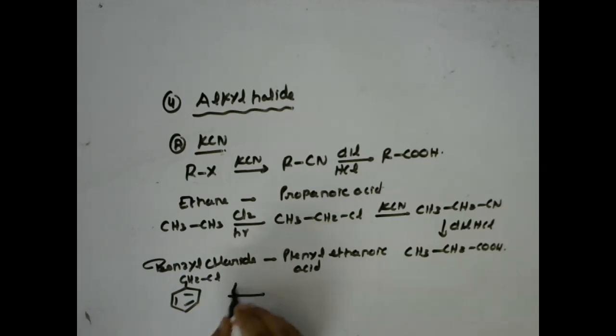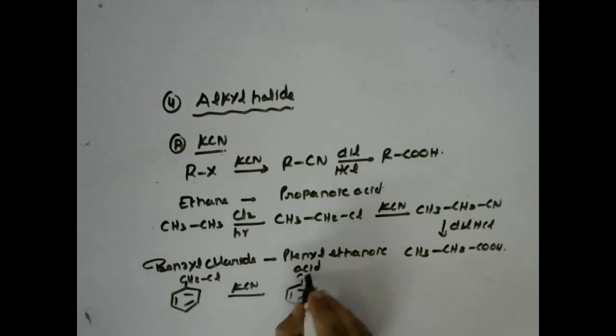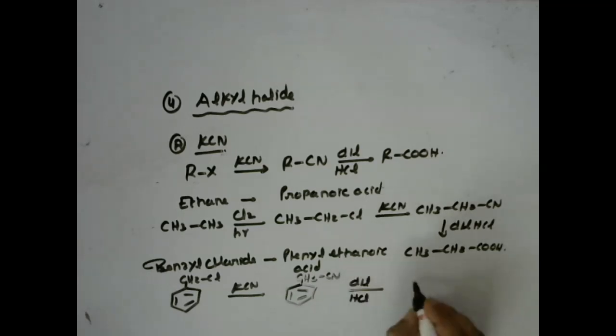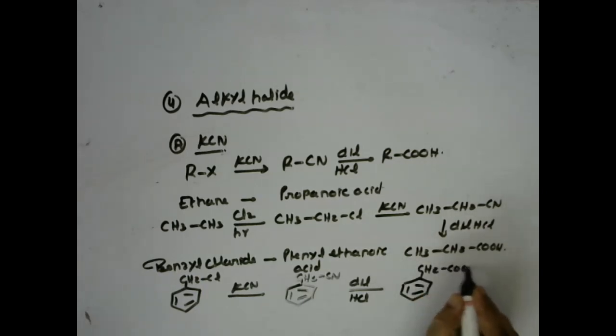React it with KCN. When you react with KCN, the Cl is replaced by CN. And how to convert CN into acid? Put dilute HCl. The CN group will get hydrolyzed and you get the carboxylic acid. So this is one of the methods of converting alkyl halide into carboxylic acid.